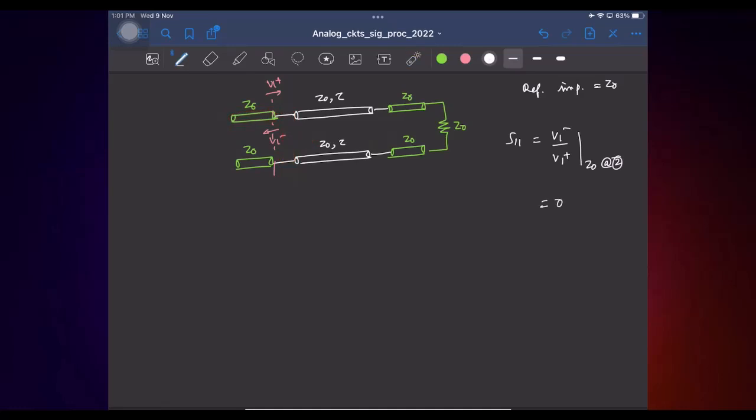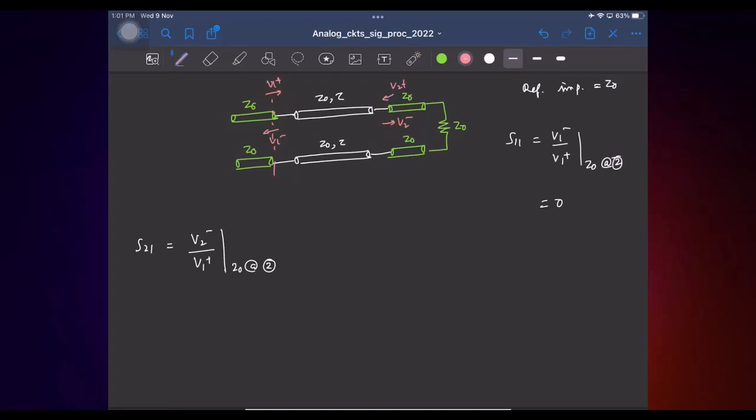So let's say we'll find S21. S21 is basically the forward gain, that is Z0 at port 2. So this is basically V2 plus, V2 minus. So I apply some voltage here, I mean a forward wave is launched. I want to find the forward wave in this. It cannot be exactly equal, right?